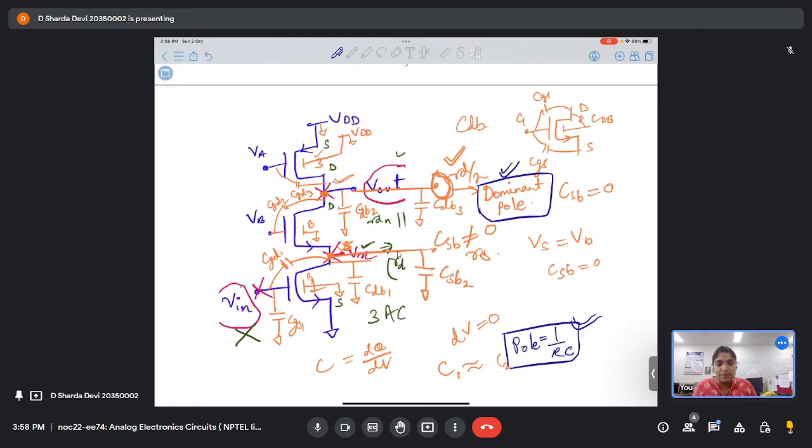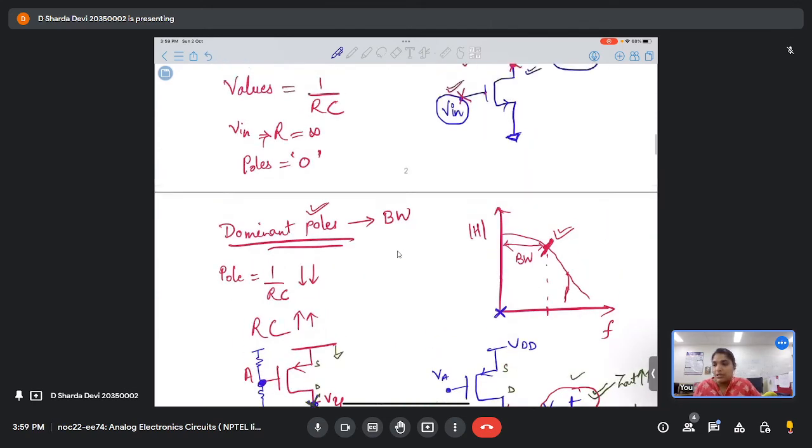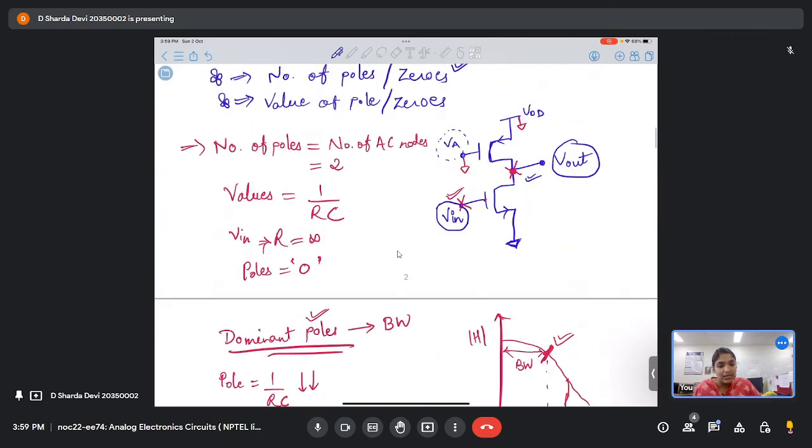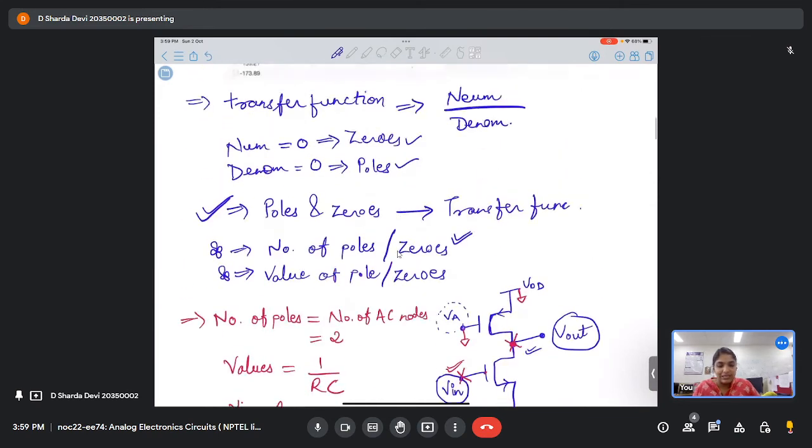Okay. Now, we got the poles and how to calculate the poles. The next question is how to calculate zeros. For zeros, the idea is how many capacitances are connected.